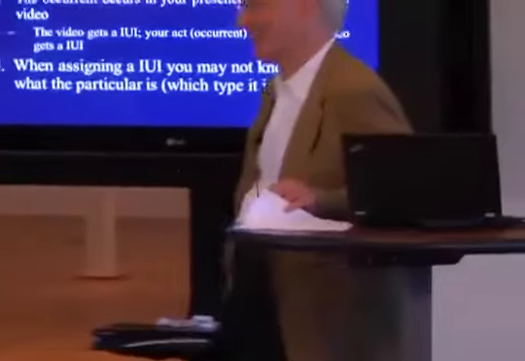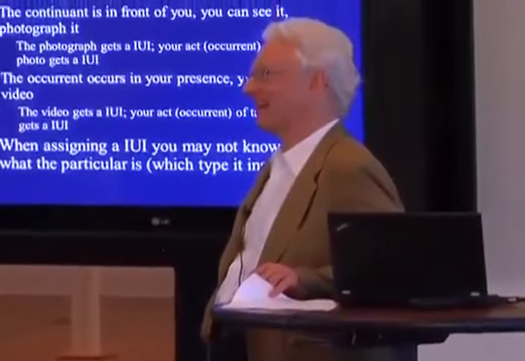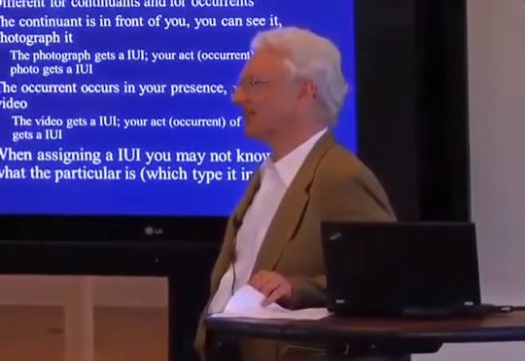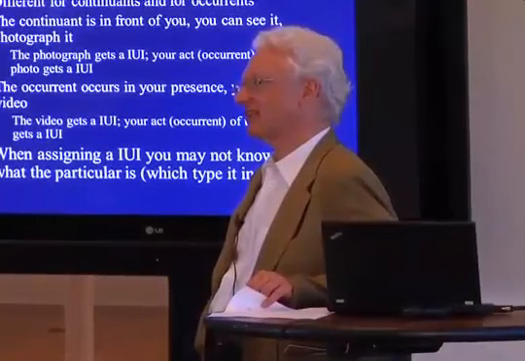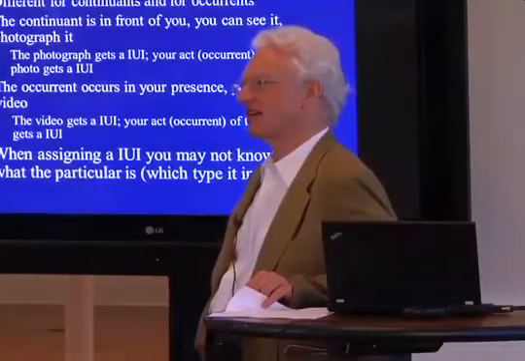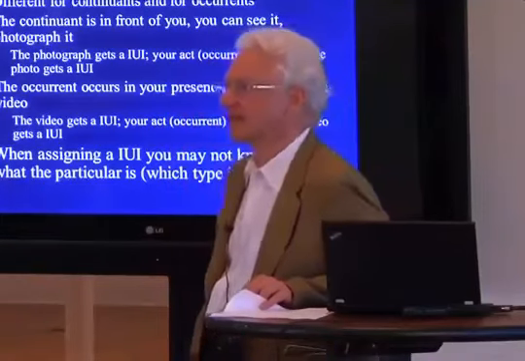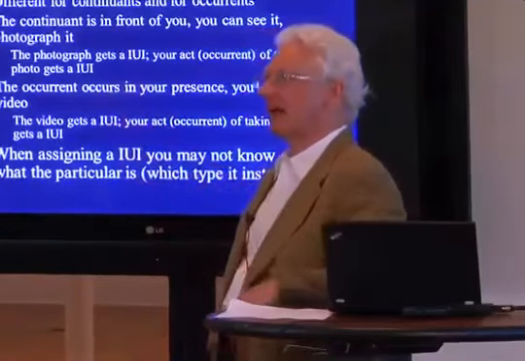So the device which generates the UI would have a UI. And to that degree, there would be a certain kind of local identifiability. So I think I agree with you.